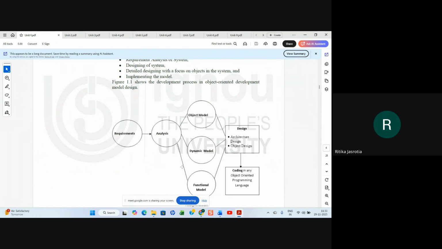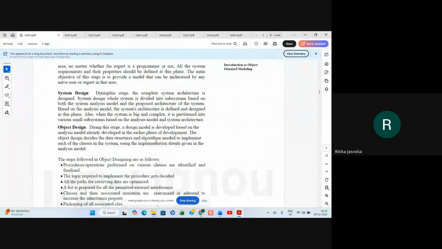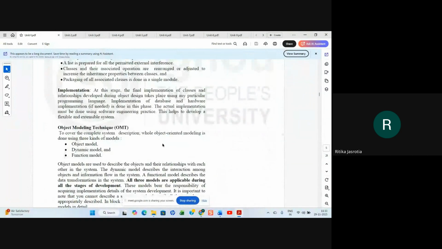Then comes the design phase. After that you design it, and then you implement, that is the coding. And in the object-oriented technique, these are the three models which are your output, right?